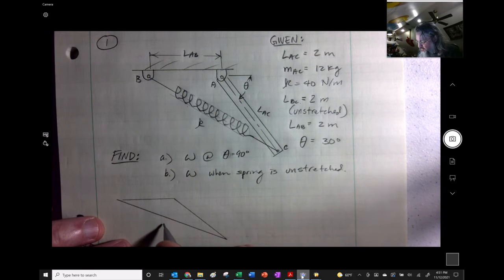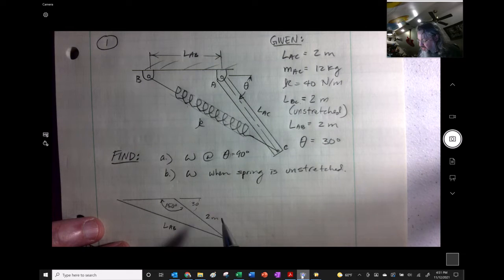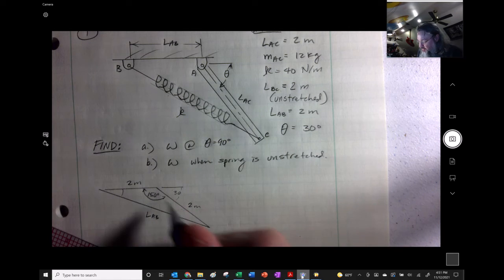And so I want to find what LAB actually is, right? So right here, if this is 30 degrees, then this should be 150 degrees, right? And these lengths are 2 meters each. So we could actually find the other angles right there.